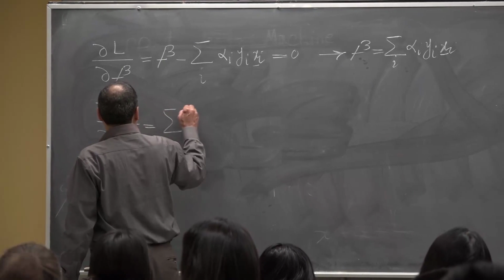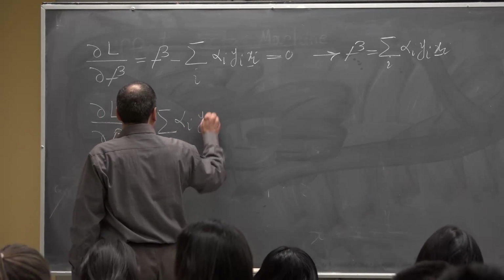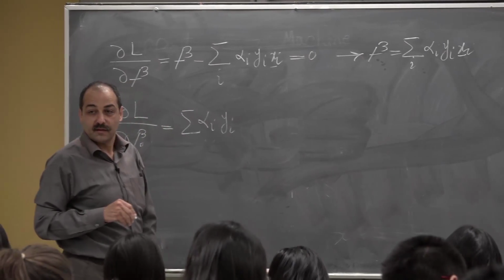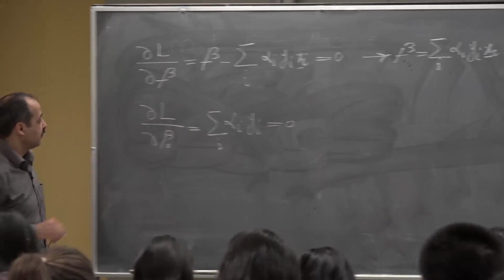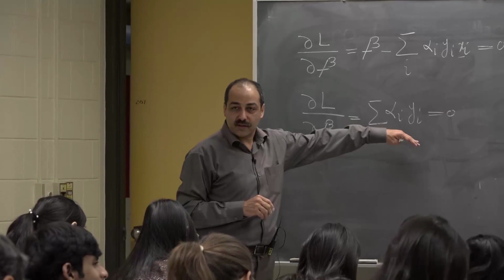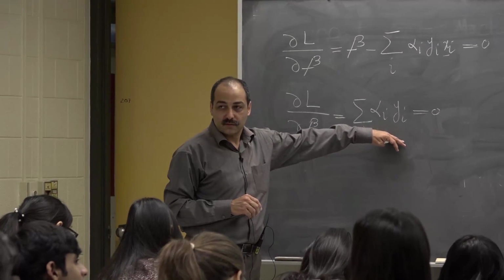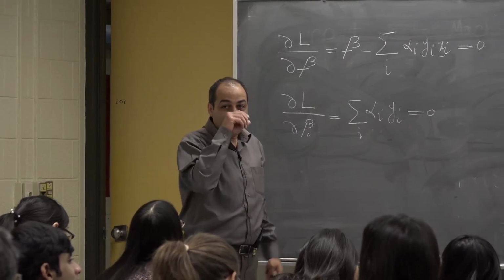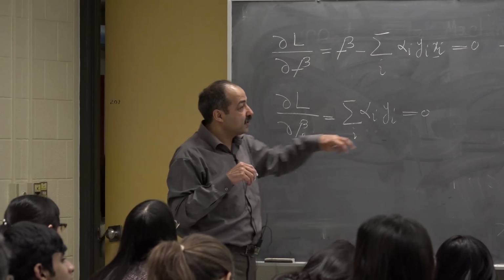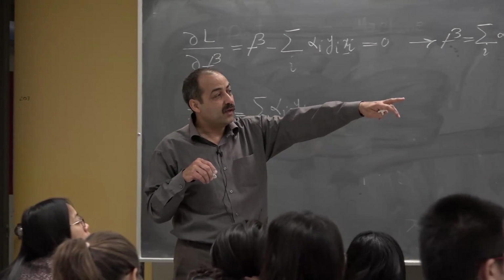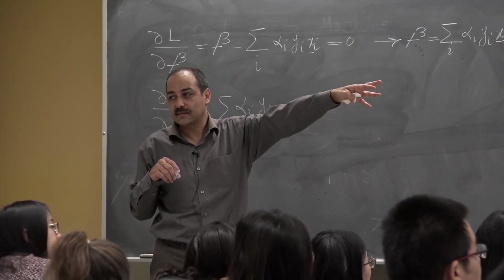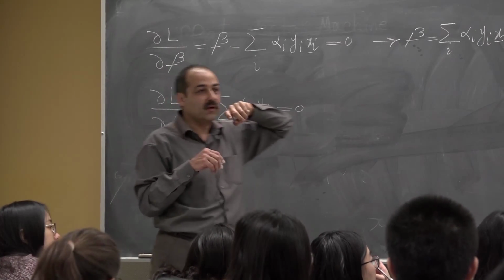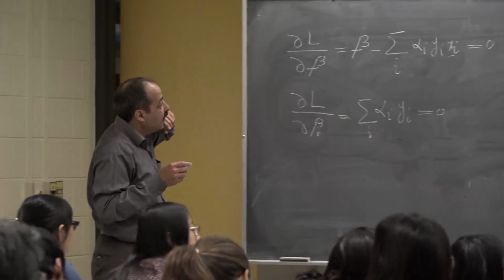So that's going to be just the sum of alpha i yi equal to 0. So I have to make sure that this is also true. Now if I take the derivative with respect to alpha, you can see that you get your constraint back. It's always the case, right? If you take the derivative with respect to a dual variable, you get your constraint back.